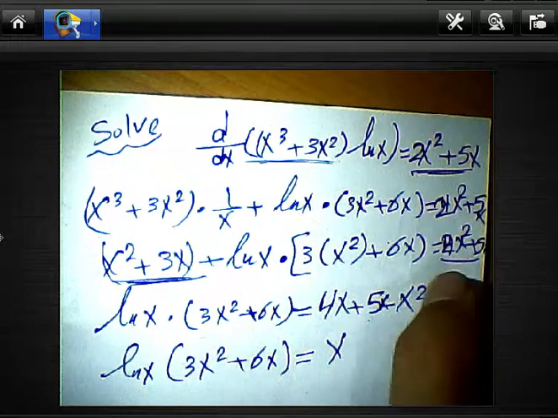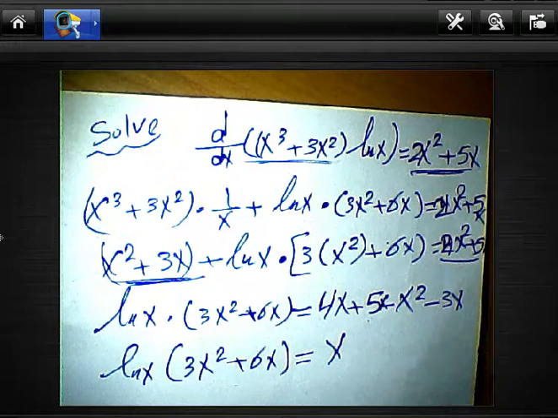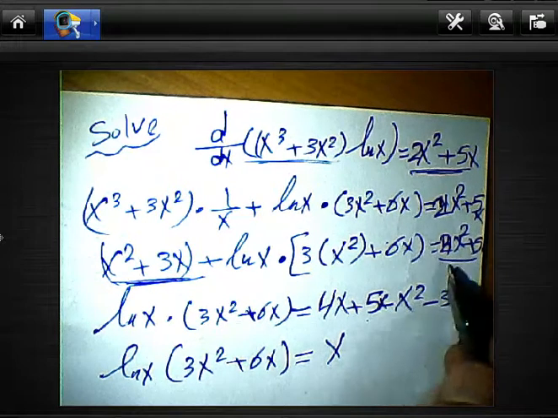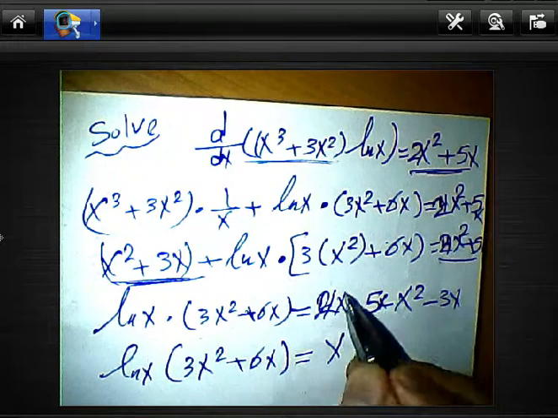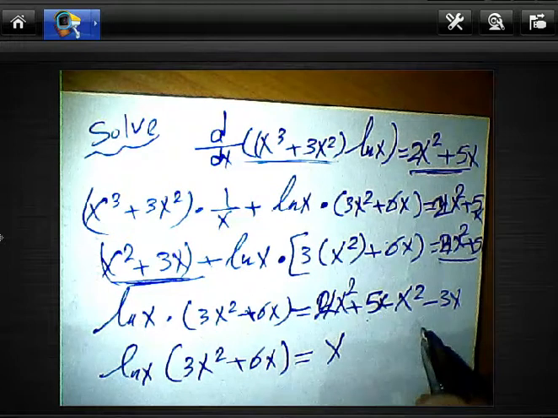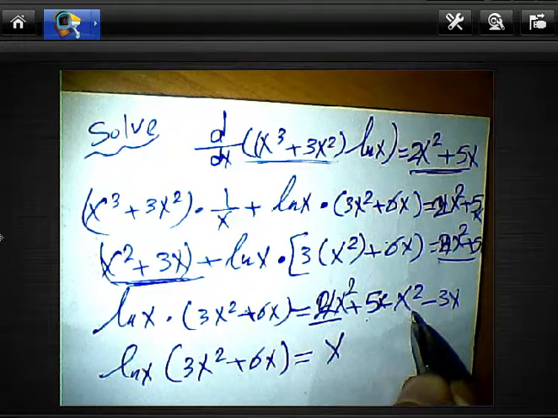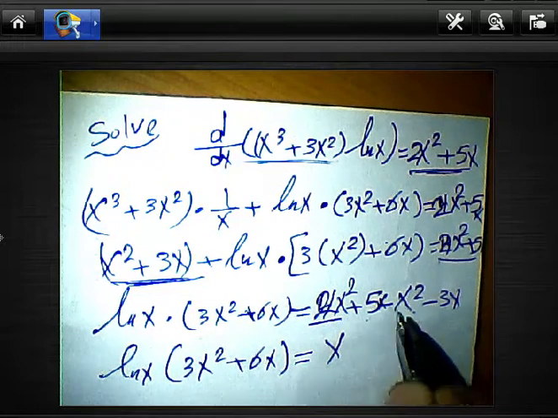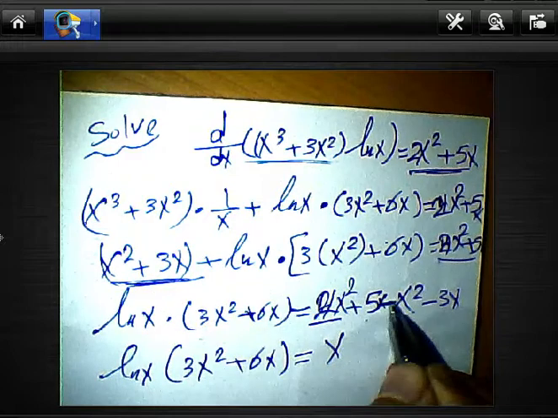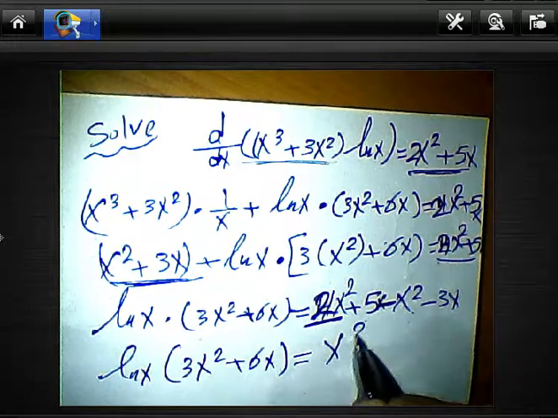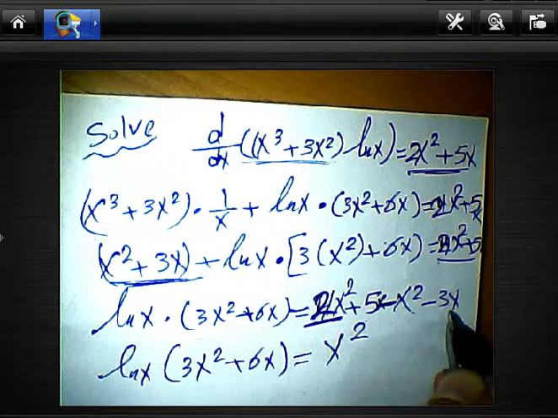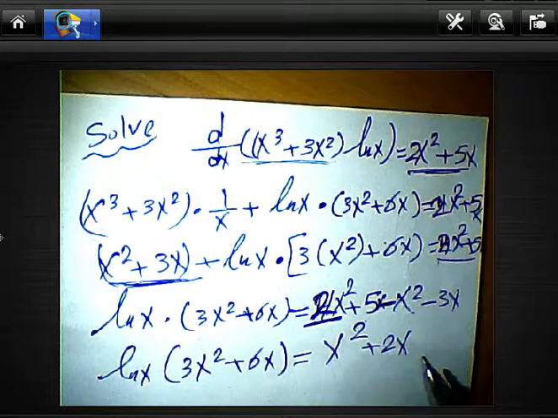We write this expression here, 2x power 2 plus 5x. So 2x power 2 subtract x power 2 equals x power 2, and 5x subtract 3x equals 2x.